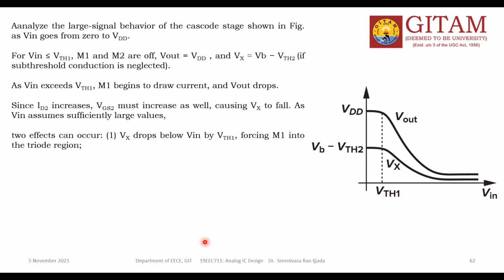Let's say this Vx value, one minute, I will write here. Your Vx value is less than what? Vin minus VTH1. What is the region in this case? Vx means the drain voltage of M1. If the drain potential is less than the overdrive potential of M1, what happens?